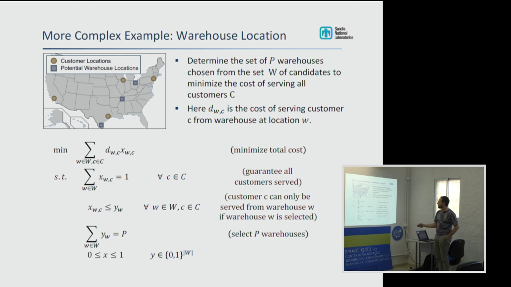So if, for instance, we have a Y from a certain warehouse equal to 0, then this X will have to be 0. It means that if there is no warehouse, there is actually no service from this warehouse to the consumers. Okay? So it makes sense. The consumer can only be served by a warehouse that is selected. And Y is defined in the binary domain, 0 or 1.